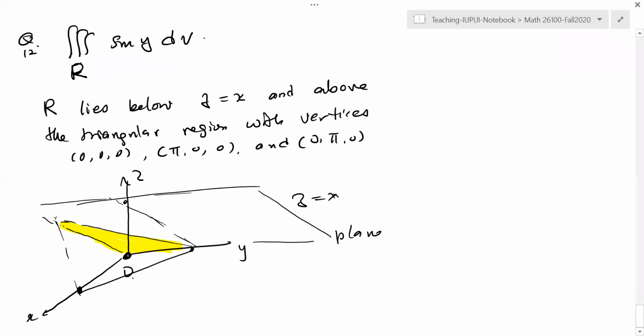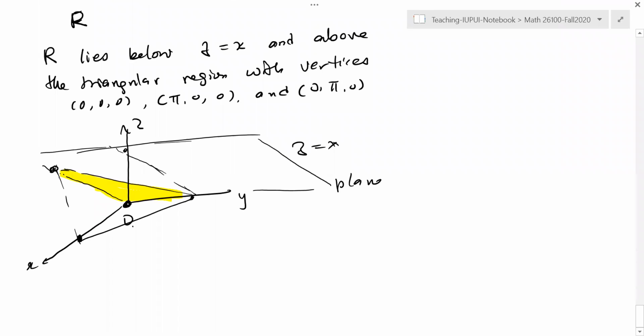It's not easy to draw. Okay, so that is a piece. The region is under that, so it's going to be like this. I draw the vertical line, and behind that, that's another line.